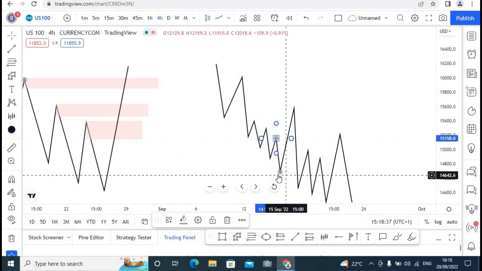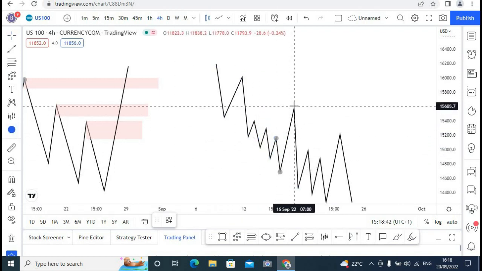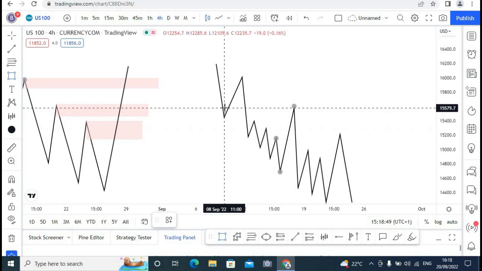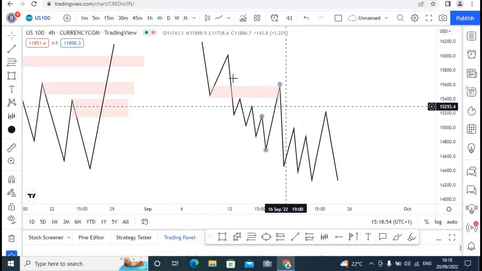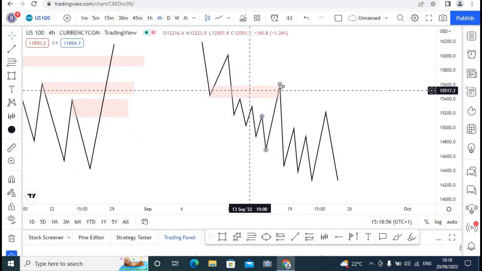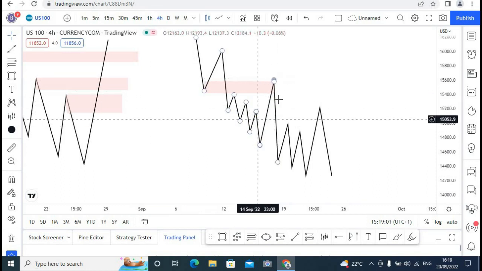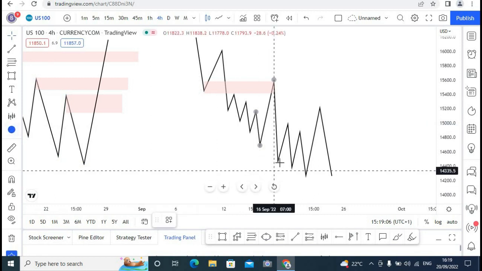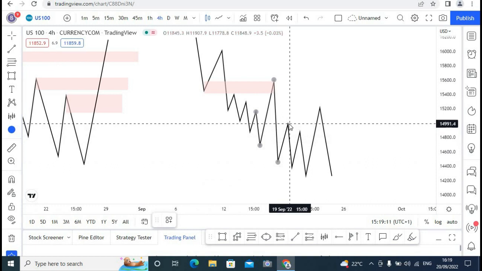Now we can call this low a swing low, and once price comes back to the high, we now call this a swing high, meaning the price will now come back either to a breaker block, and then go down, or to the opposite candlestick, and then go away to the downside. So this will now become your swing high, and this is a swing low.